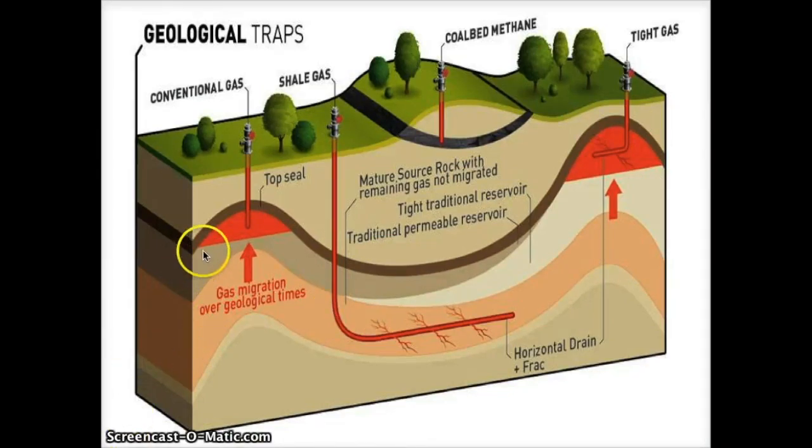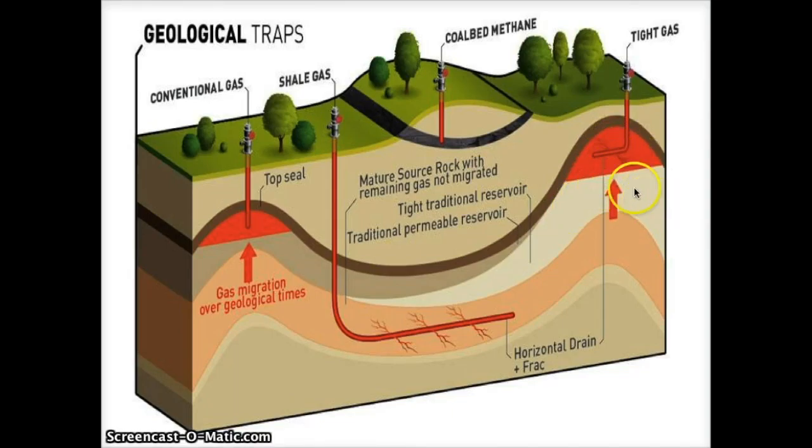The next part I want to talk about is this middle section, where it's kind of a tan color and turns a little bit lighter over here, and this is the reservoir rock. The source rock has been squeezed, and the oil and gas from there has migrated upward. Now over here on the lighter side, there are pores, so there's a place for the oil to collect, but it is very, very low permeability.